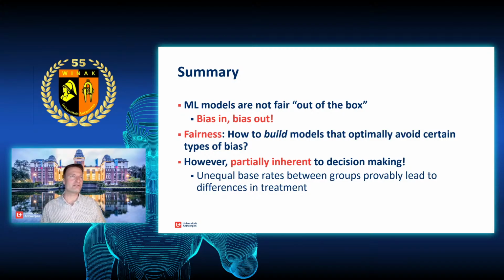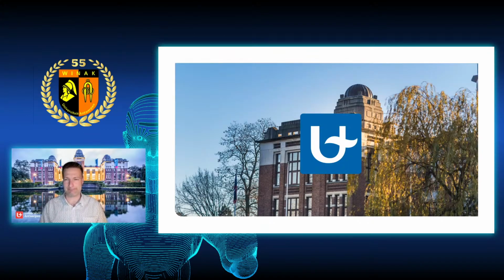The research about fairness is about how to build models that optimally avoid certain types of bias. It's very important to know that the type of bias is partially inherent to decision making. You cannot avoid bias in all possible ways. Unequal base rates between groups will probably lead to differences in treatment. Voila, that's it. I open the floor for questions.